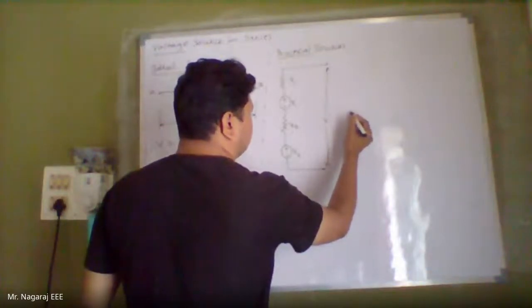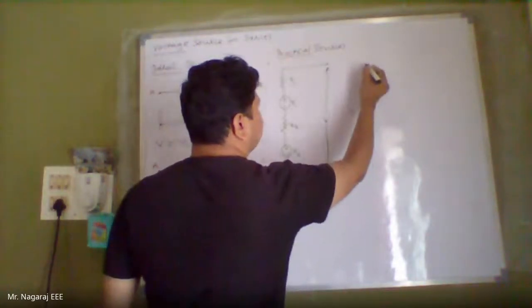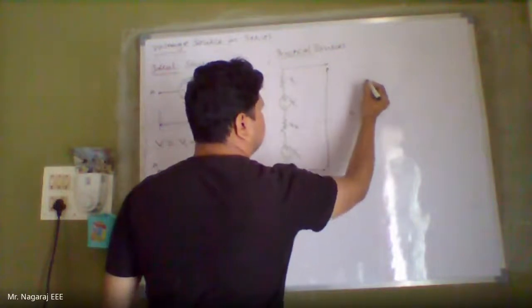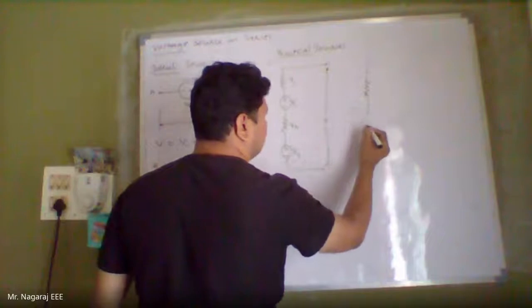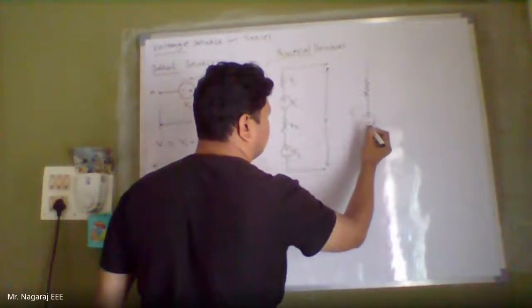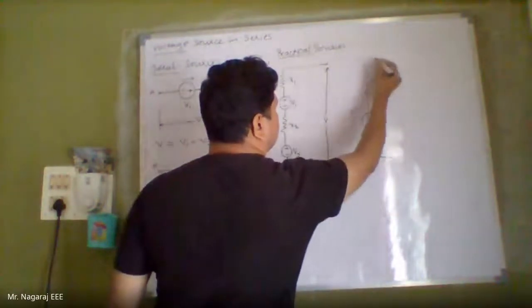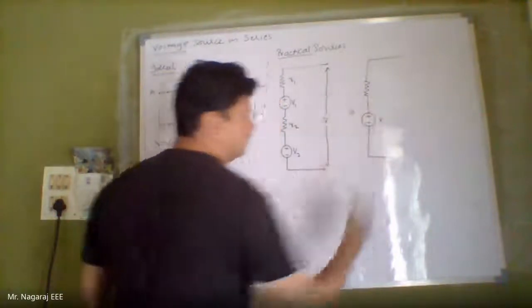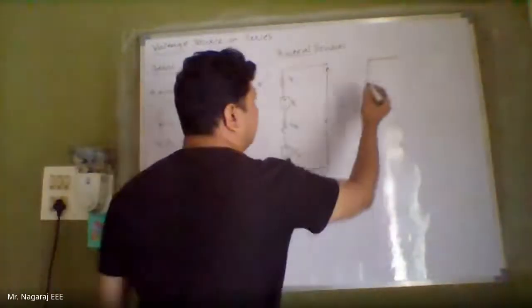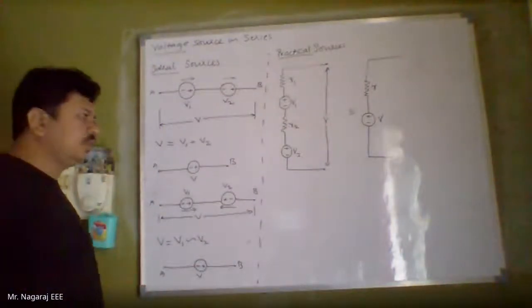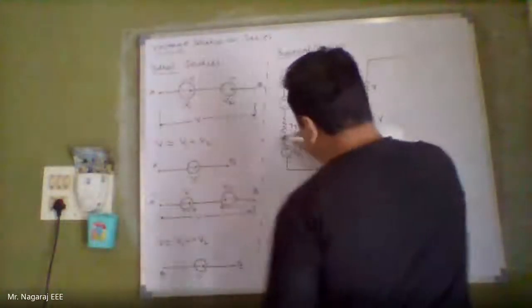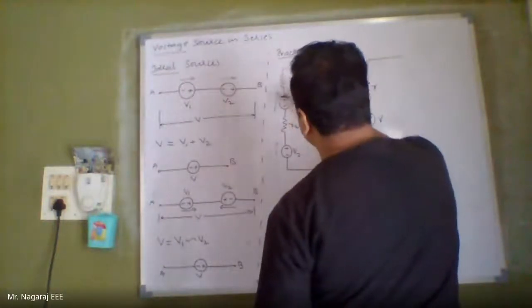This is equivalent to what I will do: this is V and this is R. Now I should be writing what is V and what is R. V is, I know both the voltages are in the same direction.